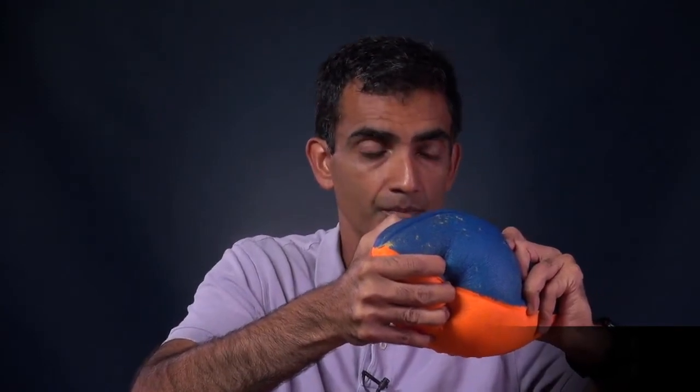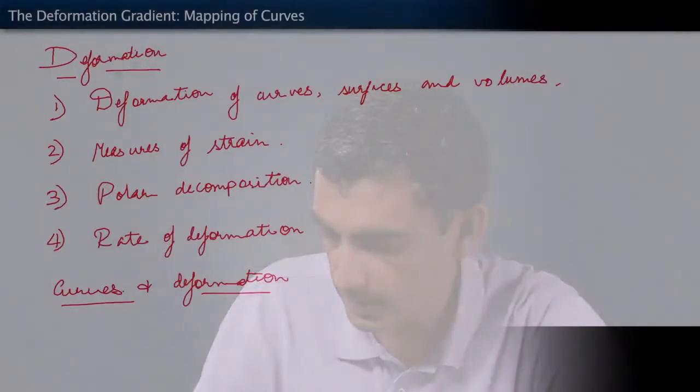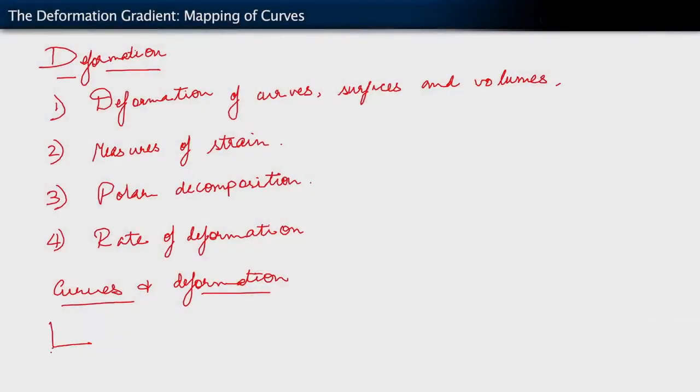As this body deforms, how do we describe the deformed curve? What we will see is that once we know how to do this, it will really set us on track to talk about deformation in general. Okay, so let's start with that. Let me just put down the sorts of things we need here.